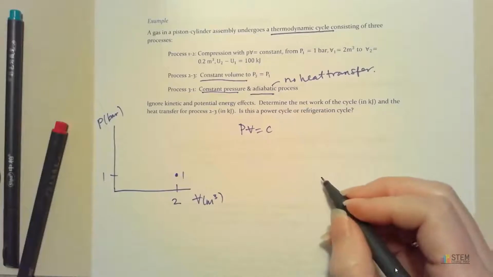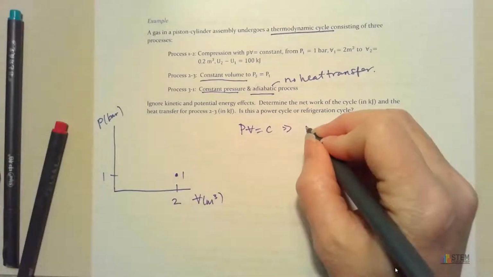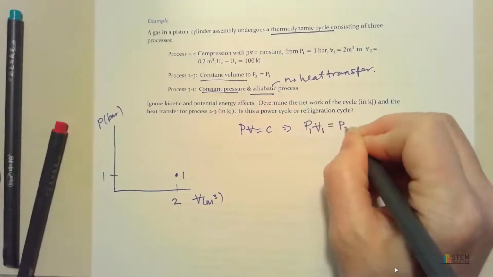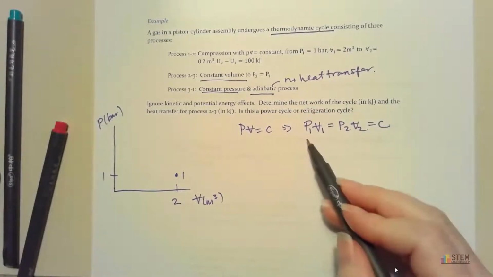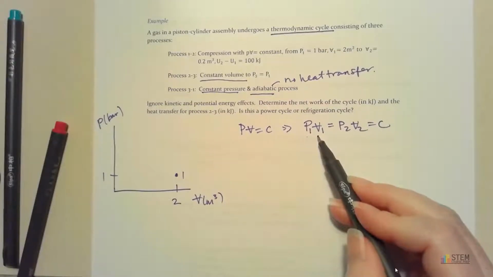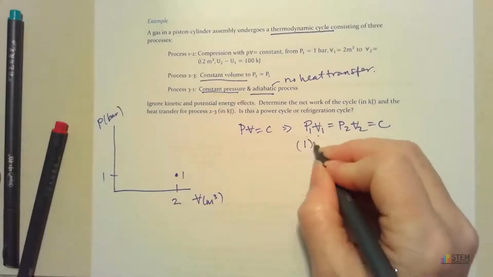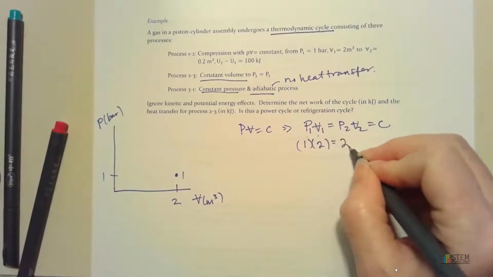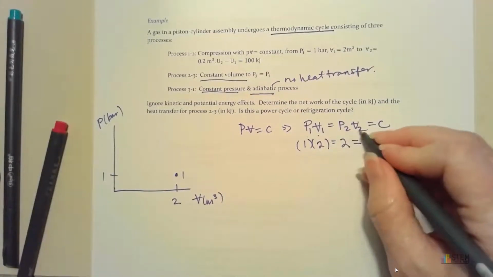So let's put PV equals C. That means that P1 V1 has to equal P2 V2, which has to equal C. Now we have both of the values we need for P1 V1, so we can find C by plugging in those values. We're going to have 1 times 2, which obviously equals 2. So that is going to equal P2 times V2.